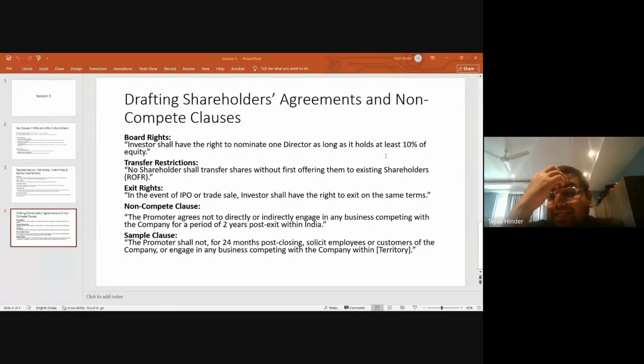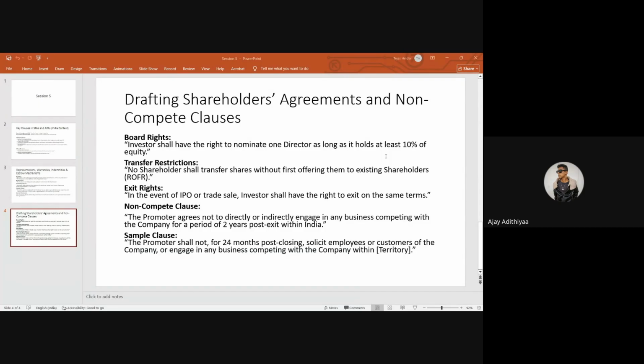So you're basically obligating a promoter, a founder, or a seller to not engage in any activity which is causing in any way alteration of the status quo of the business or the company, so as to let go of any of its contractual positions that were in existence prior to the happening of the share purchase or the share transfer. Do you understand? Do you want me to further clarify it? No, I got it, sir. Thank you.